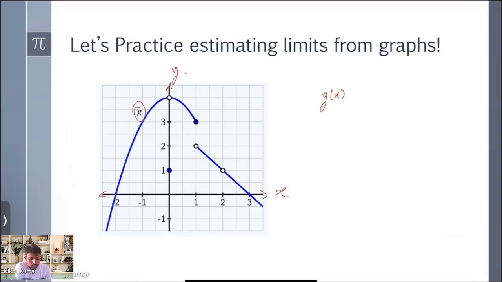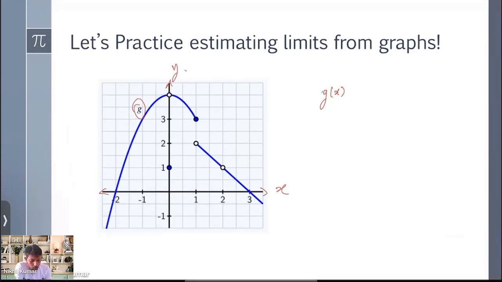So find the limit of g of x as x tends to -1. Can you tell me the answer? You also have to find the limit of g of x at some more critical points. As x tends to 0, you find this value. You also tell me what is the limit of g of x as x tends to 1.